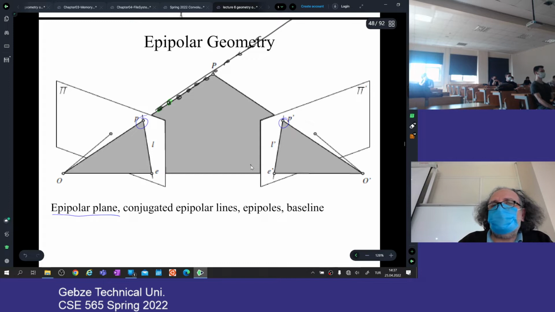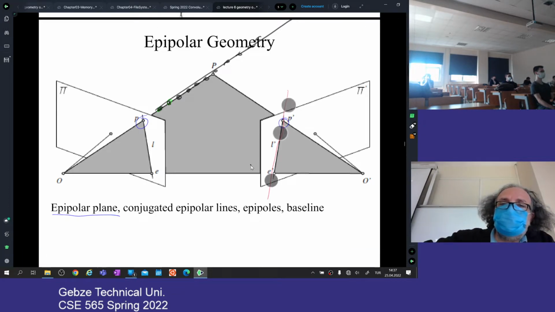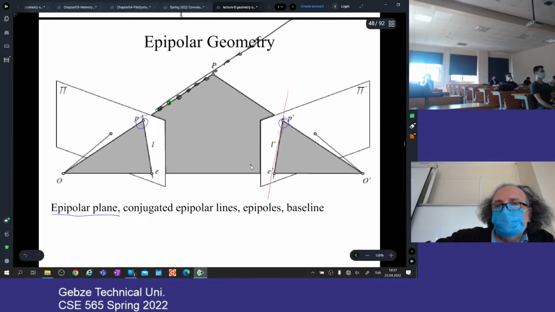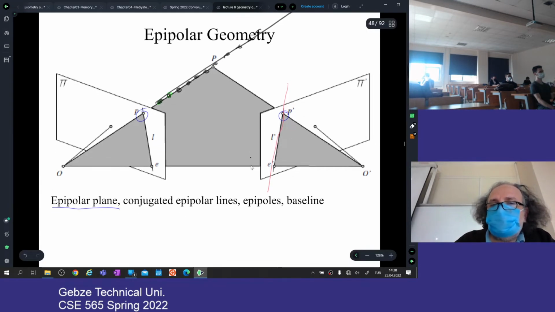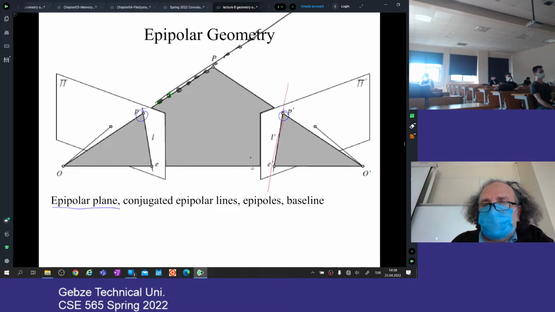Well, if I take the picture of this line, it would be this line. Let me draw it with red. It would be this line, right? So to find the corresponding point to this P, I need to search for the correspondence on this red line, and I am going to try to find what that red line is. That's what we are going to do mathematically.